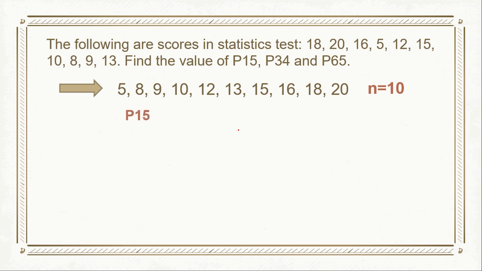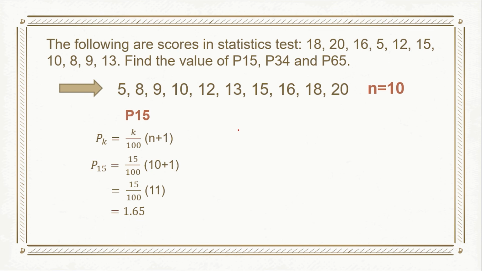Okay, so let's find the value of P15. Okay, so gamitin natin yung formula ng percentiles which is k over 100 multiplied by n plus 1. Okay, since we are looking for percentile 15, therefore the value of our k is equal to 15. So we have 15 over 100 and n is equal to 10, therefore we have 10 plus 1. Okay, so 15 over 100 multiplied by 11 is equal to 1.65.